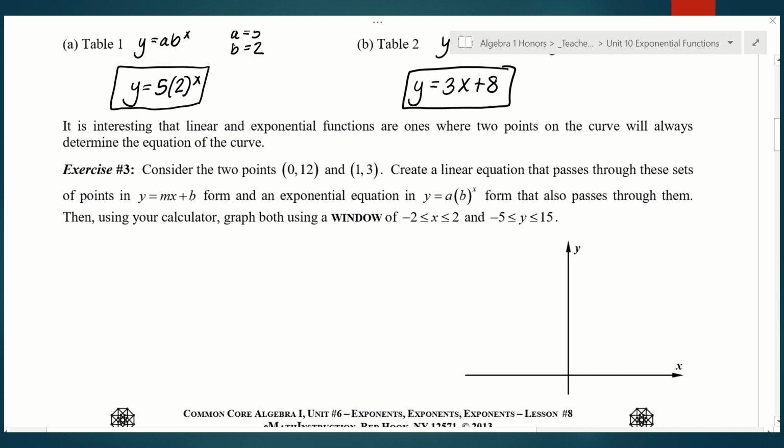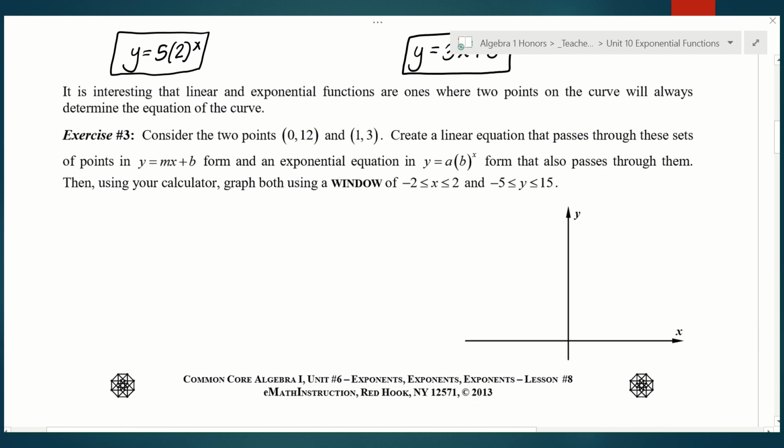Create a linear equation that passes through these points in y equals mx plus b form, and an exponential equation in y equals a times b to the x form that also passes through them. Then, using your graphing calculator, graph both using a window of -2 to 2 for our domain and -5 to 15 for our range. Okay, so let's go ahead and I'm just going to split my screen here.